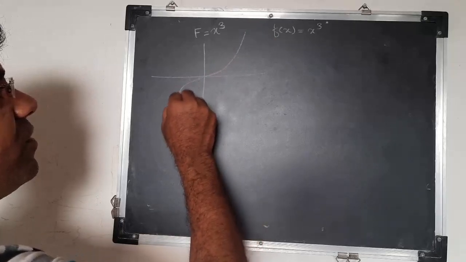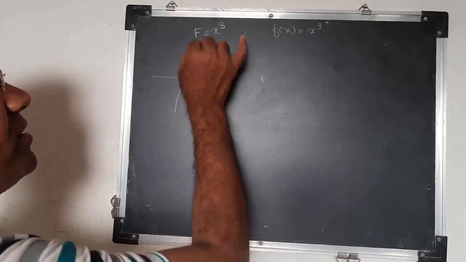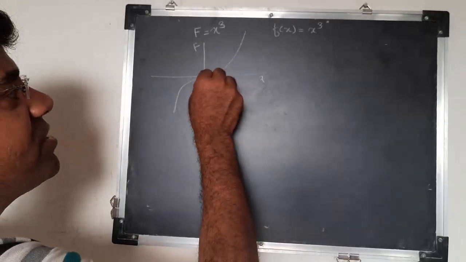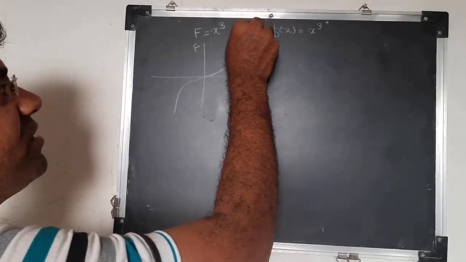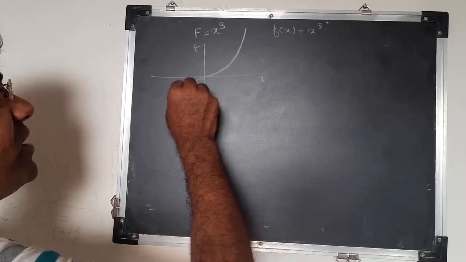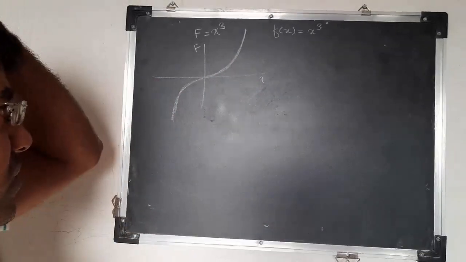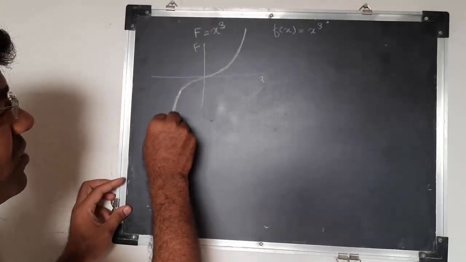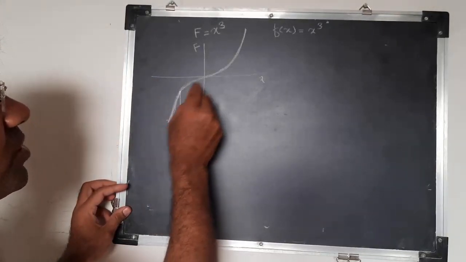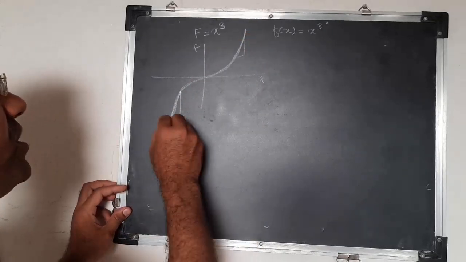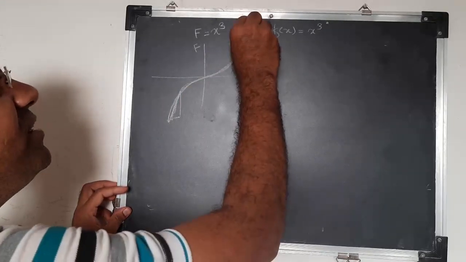Suppose the x values are positive, so it suddenly increases over here. Now my aim is to find out the slope. Here I find the slope, it is positive. Here also the slope is positive. So it is continuously increasing.